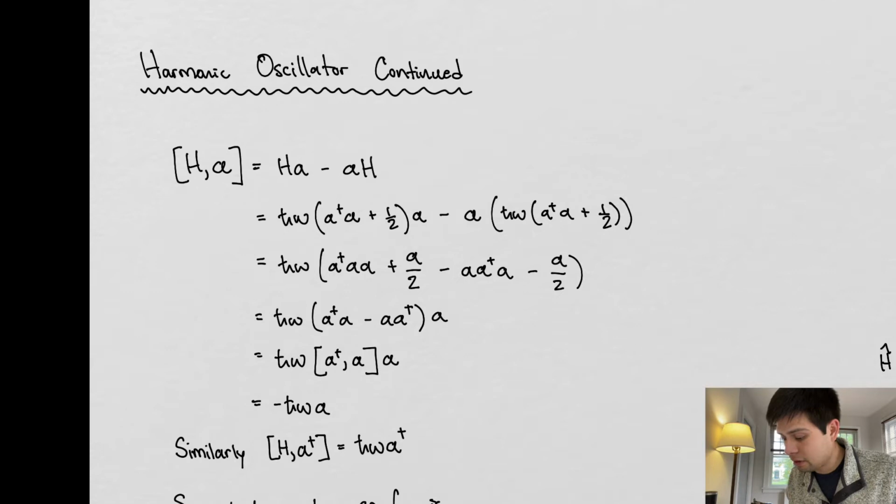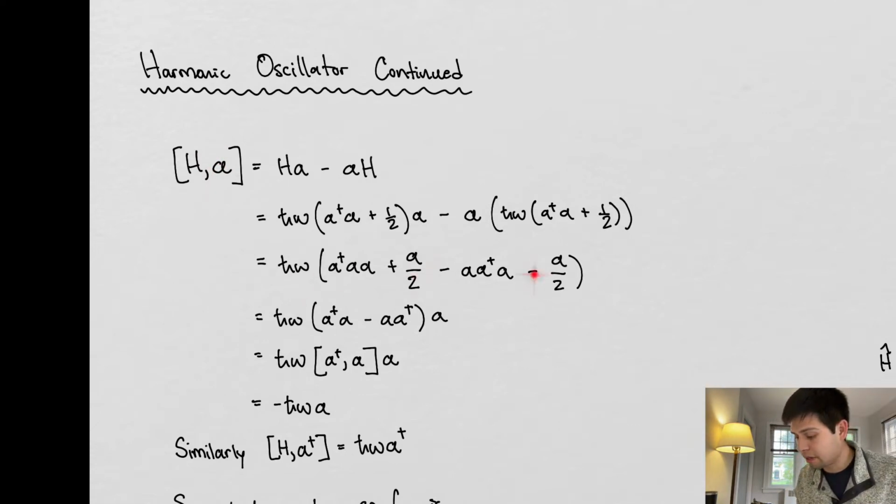So we have our Hamiltonian, which is what we established in our previous video, and the same Hamiltonian right here. And then we have our two A's, this variable right here. All we're doing now is just algebra.